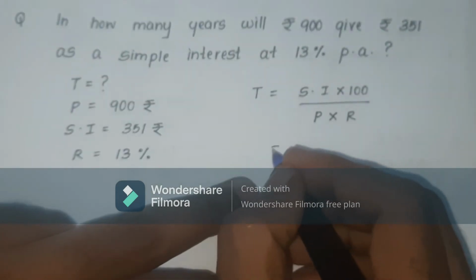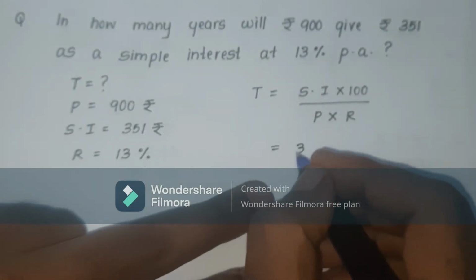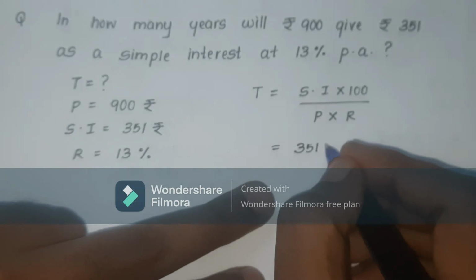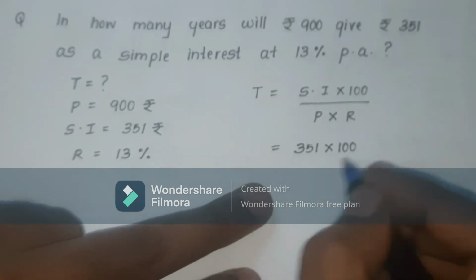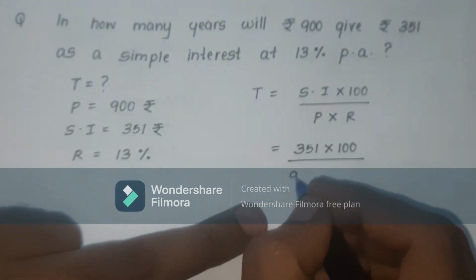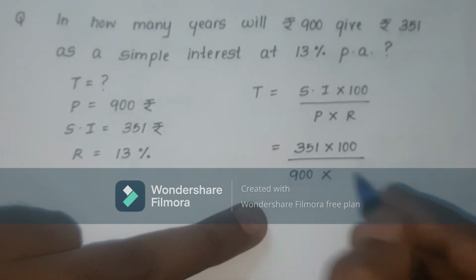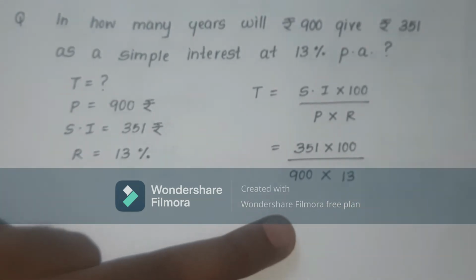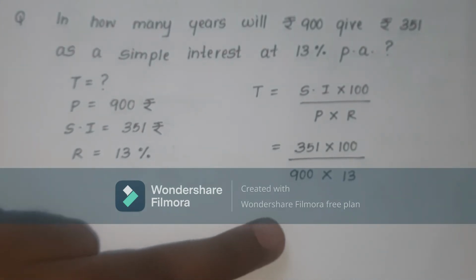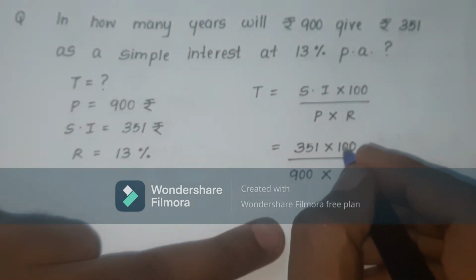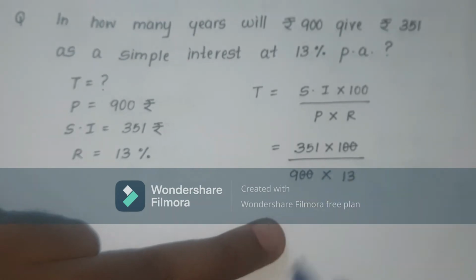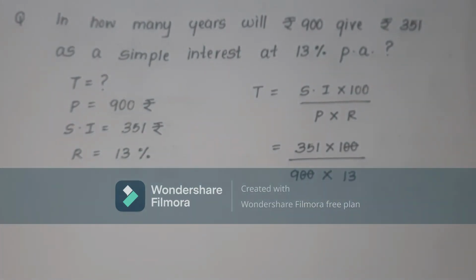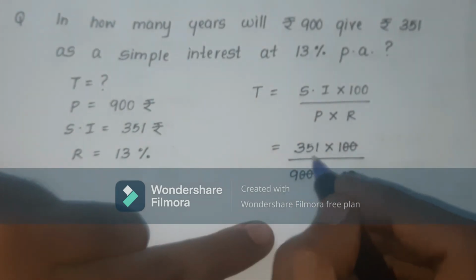So let us solve it. Simple interest is how much? 351 into 100, student. Then the principal is 900 and the rate is how much, student? 13. Okay. Now, first of all, if you see, student, 2 zeros cancel from the numerator with 2 from the denominator, right? Then you know very well, student, this number is divisible by 3.